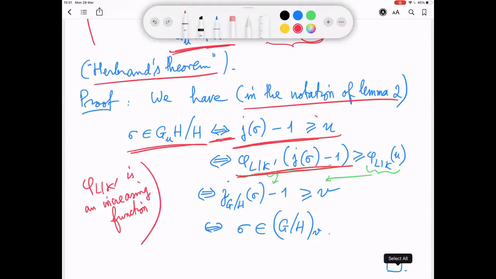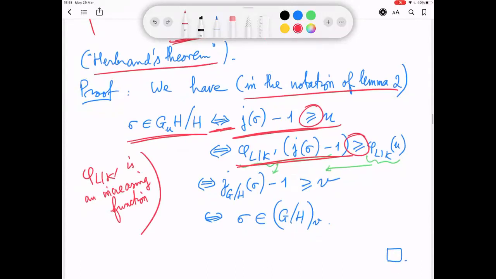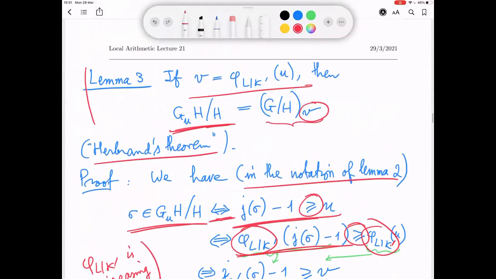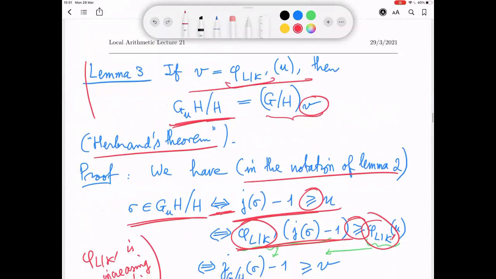So you have this inequality if and only if you have this inequality when you take phis on both sides. Maybe it has to be phi L over K' perhaps. That's what you're taking on both sides. Yeah, it has to be phi L over K'. That's right, that's what you use.